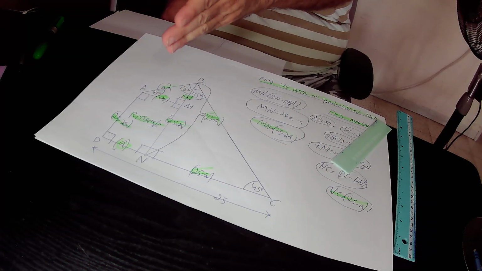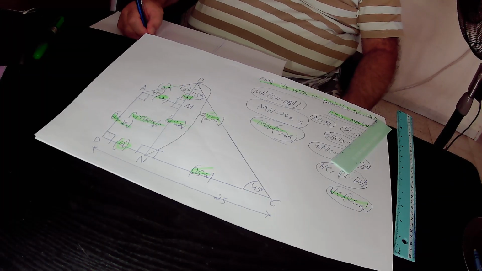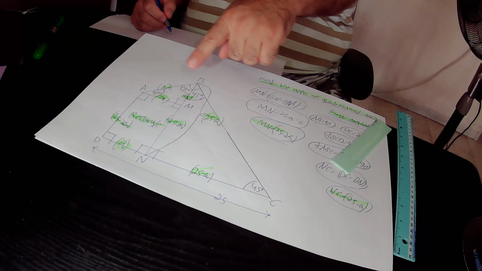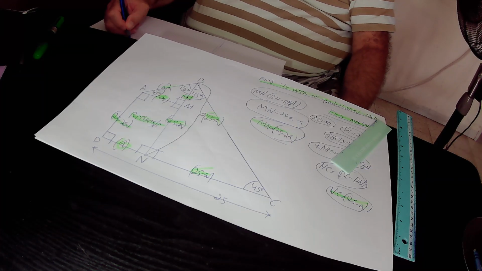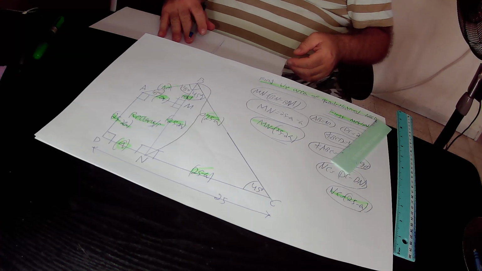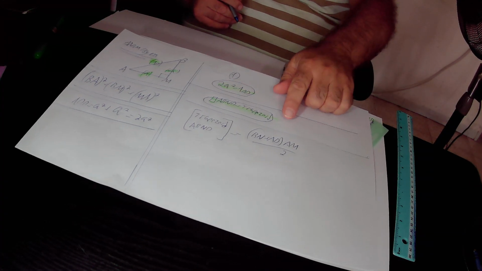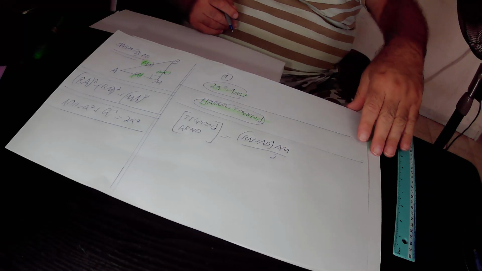So the sum of its two parallel sides is BN plus AD, times the height AM over 2. Why is AM the height? Because AM is perpendicular to the two parallel bases. So in total, the area of this trapezoid ABND is equal to the sum of its two parallel bases, BN plus AD, times the height AM over 2.